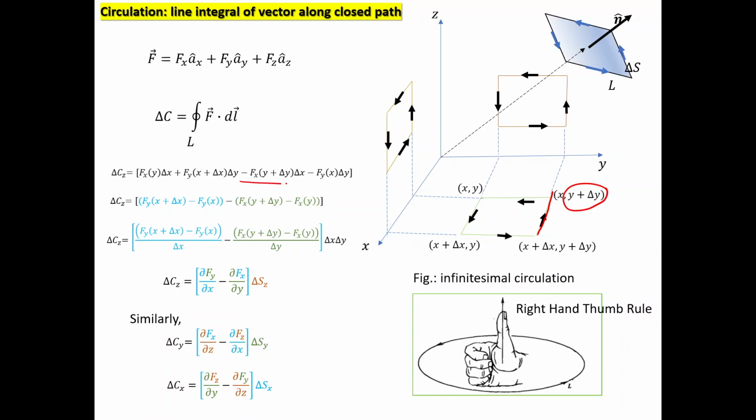That is why overall we can write minus fx into del x at the point y plus del y. And similarly, once we have reached up to this point, we will finally traverse back to the original point in this direction, and this is the minus y direction, and the component of the vector is in the positive y direction, hence it is minus fy multiplied by the length of the path, which is del y, at the point x.